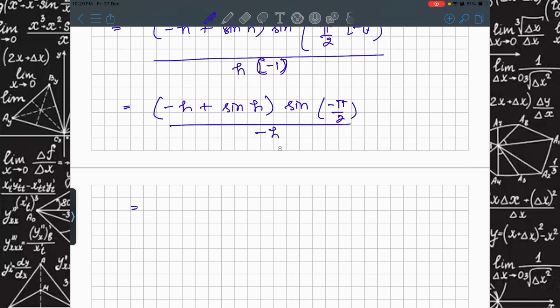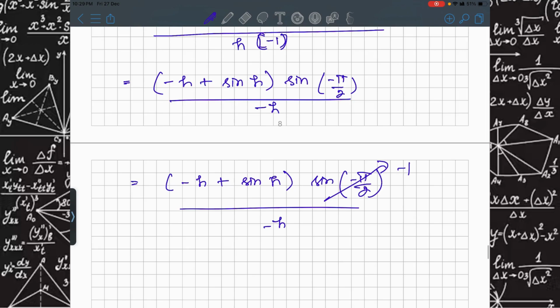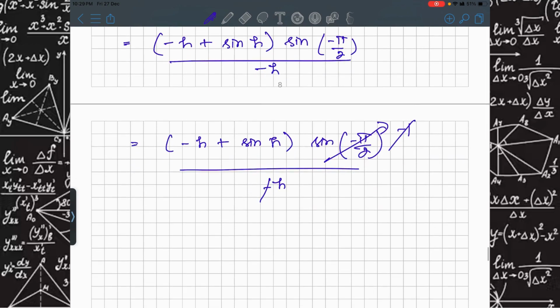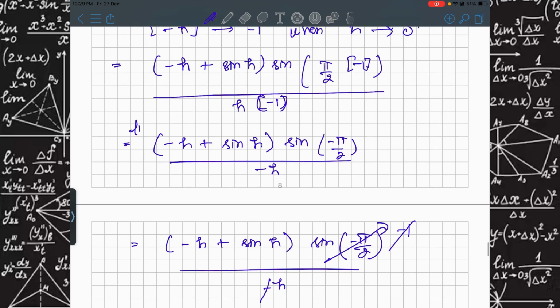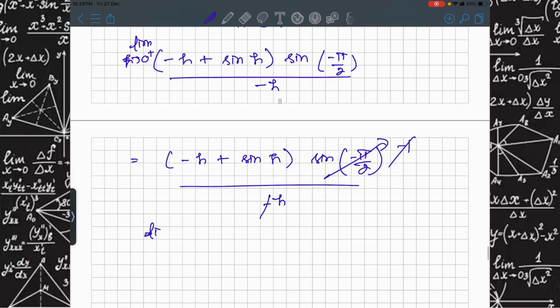Now sine of minus pi by 2 is what? It is minus 1. So this will become minus 1 divided by minus h, and this minus gets cancelled. And guys, remember to put limit h tends to 0 plus always. These are all in limits only. So limit h tends to 0 plus of minus h plus sine h divided by h.